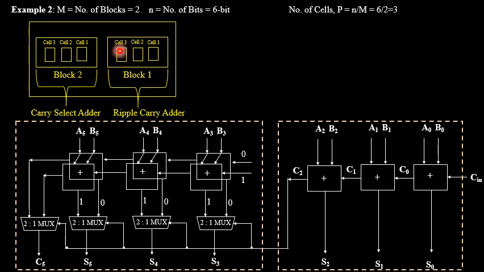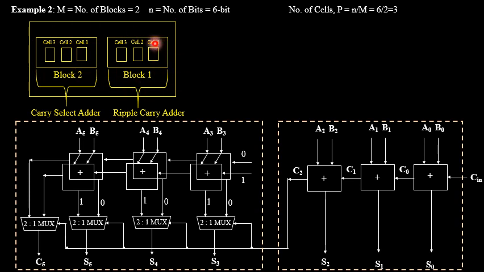So for block 1 there are cell 1, cell 2, cell 3. For block 2 there are cell 1, cell 2 and cell 3. So now, each cell is going to represent a particular bit. So this is A0 B0, A1 B1, A2 B2, A3 B3, A4 B4, A5 B5. So in total it will be 6 bits.